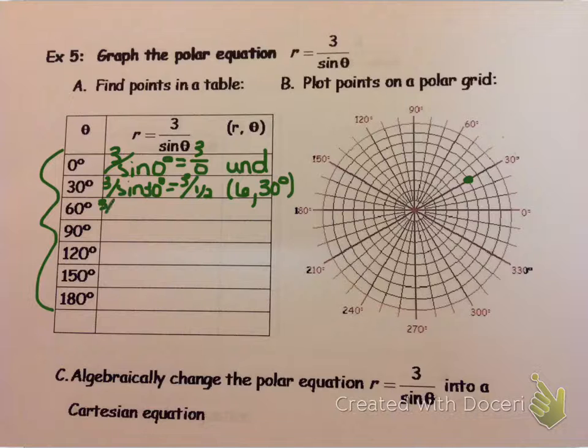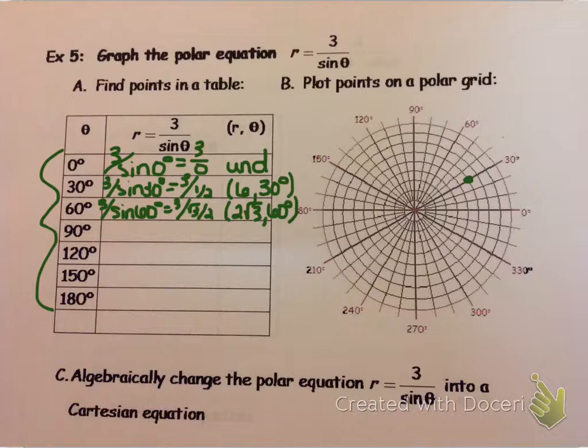Then you would go on to 60 degrees. Sine of 60 degrees, of course, is not as neat, and so you would have 3 over the square root of 3 over 2, which would end up becoming 2 square root of 3, and then you would have to decimal approximate the location of that to be about 3.5.